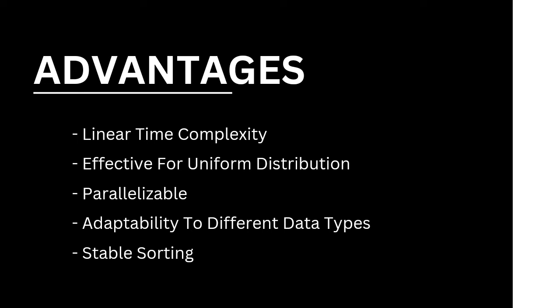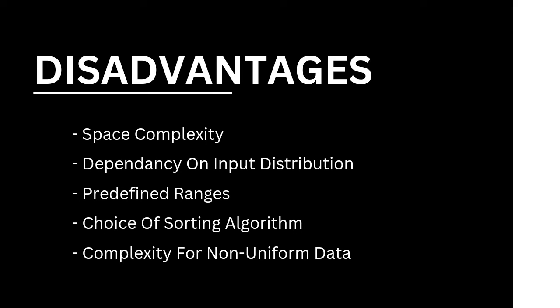So let's take a look at the disadvantages, because every light has its own dark. Let us see how many disadvantages this algorithm has got. Space complexity, dependency on input distribution, predefined range, choice of sorting algorithm, and complexity with non-uniform data.